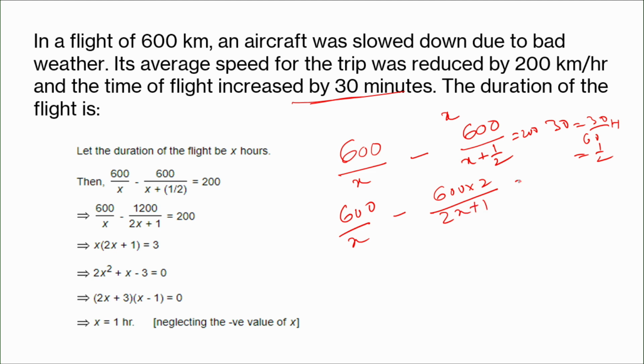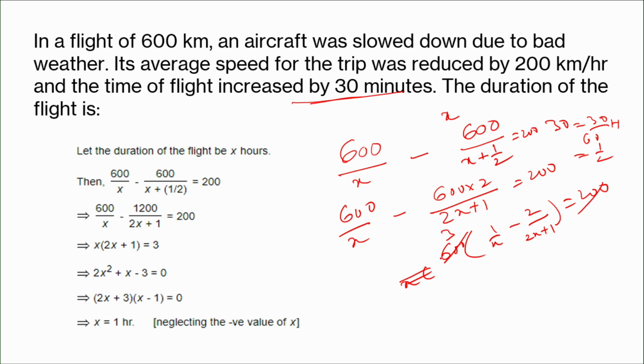Is equal to 200. When you take 600 common, 1 by x minus 2 by 2x plus 1 is equal to 200 by 600, that is 1 by 3.